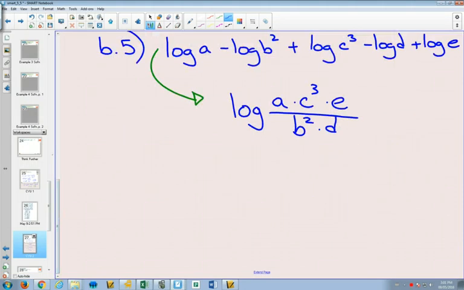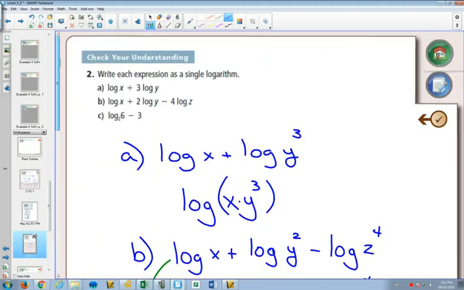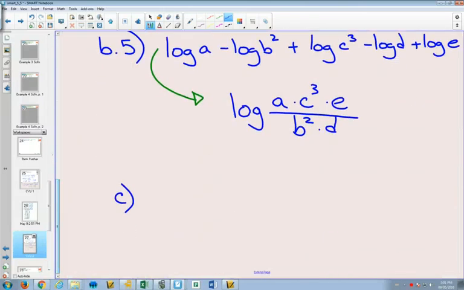And finally, part C, we want to write this as a single logarithm. We have log base 2 of 6 minus 3. Well, the only way we can put things together as a single logarithm is if we're adding or subtracting logs with the same base. Right now, I have log base 2 of 6, subtract a number.